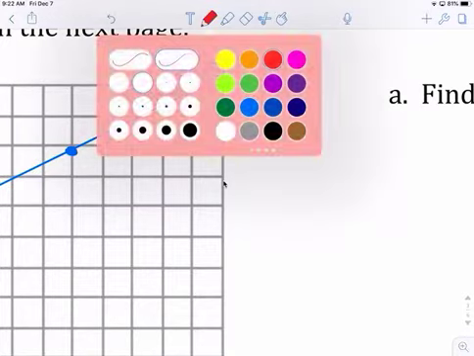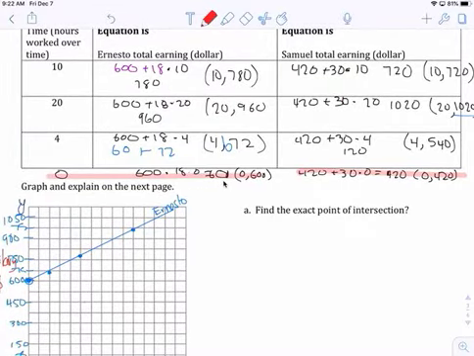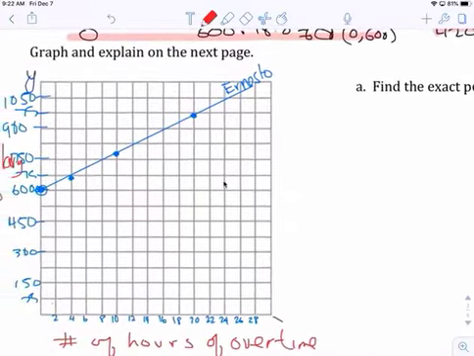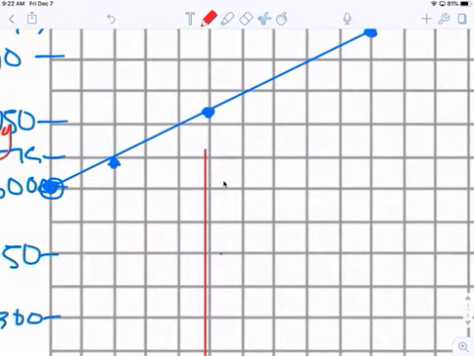Okay, next one is 10 and 720. Okay, that's 750, so right there.